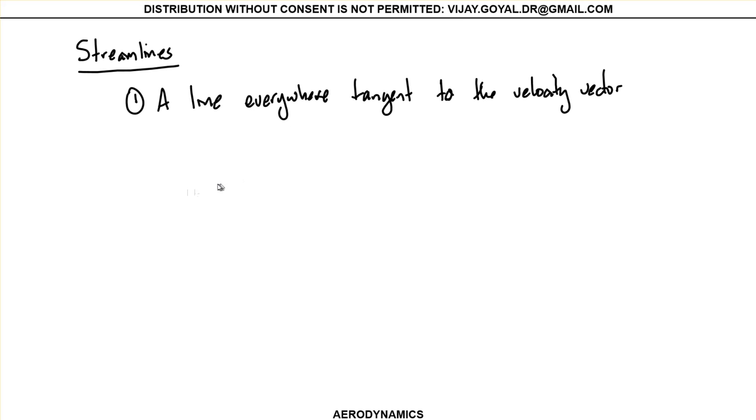So if I have this case, at every point on a streamline, the velocity vector is tangent.